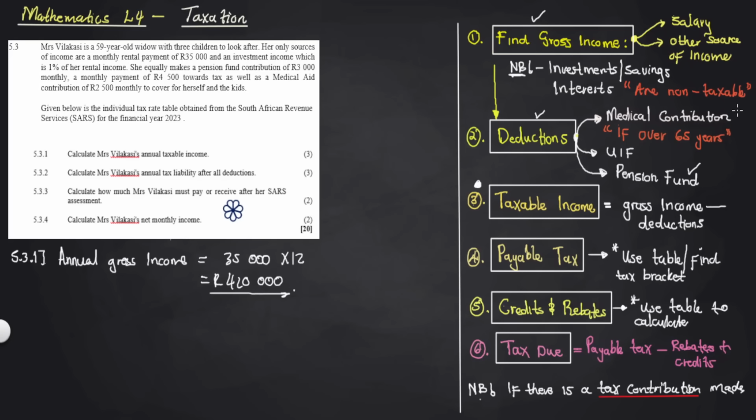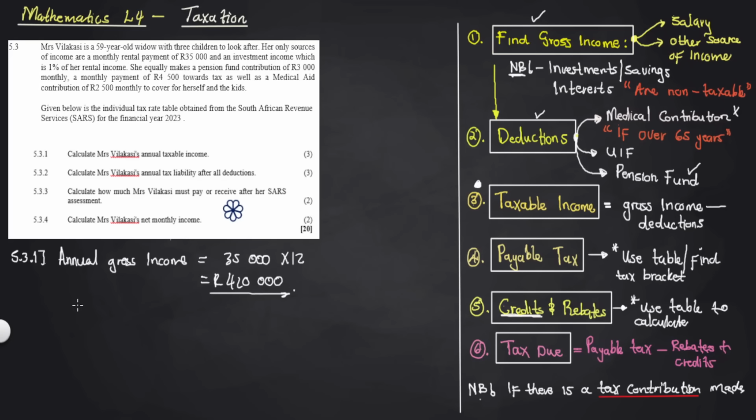So we're not going to consider her medical aid contribution. Why? She's under 65 years. So that amount is not going to get considered. But for the fact that she's making some form of contribution to medical aid, we're only going to consider it in the medical credits table. So we calculate it there in the credits, not here in the deductions.